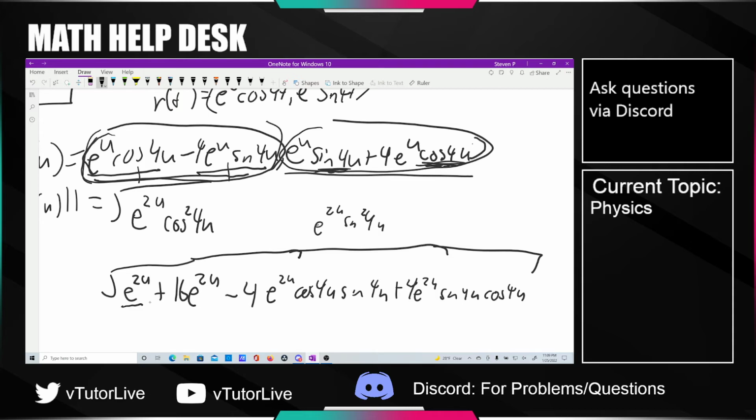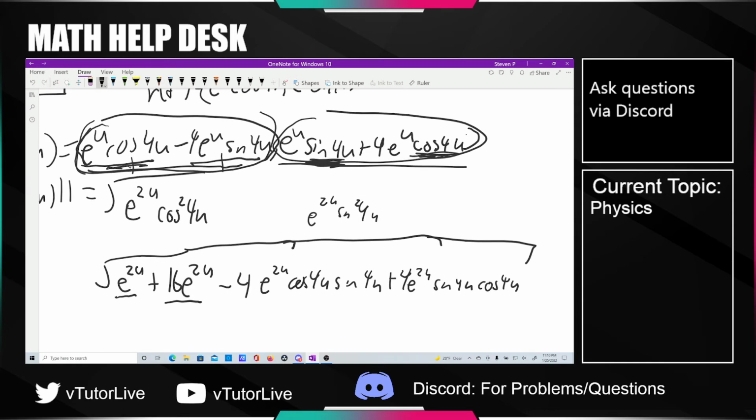So each of the individual squares is going to be really nice because the cosine squared over here is going to have an identity with the sine squared over here. But then the cross terms are actually also really nice because I think this term times this term turns into like a minus 8 e to the u sine cosine.